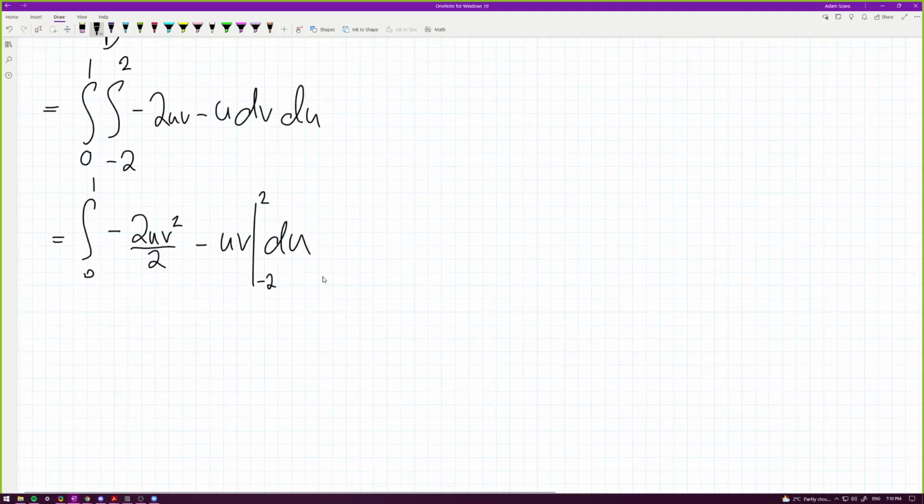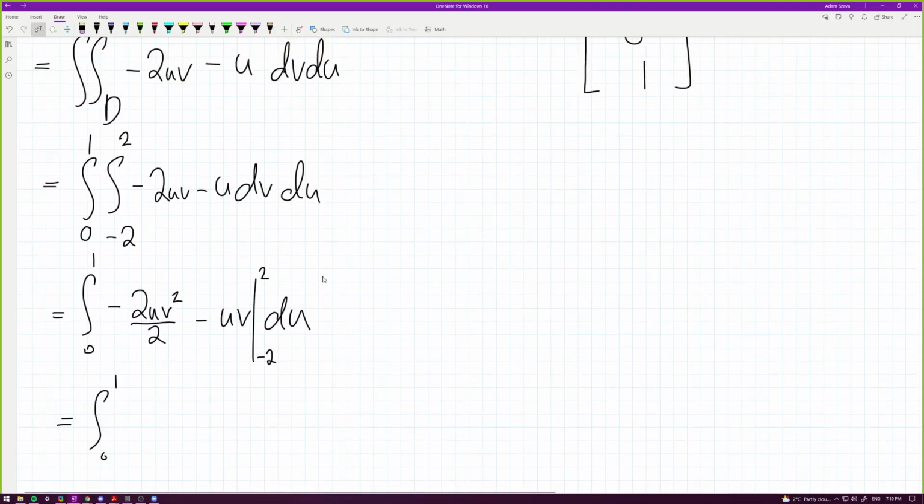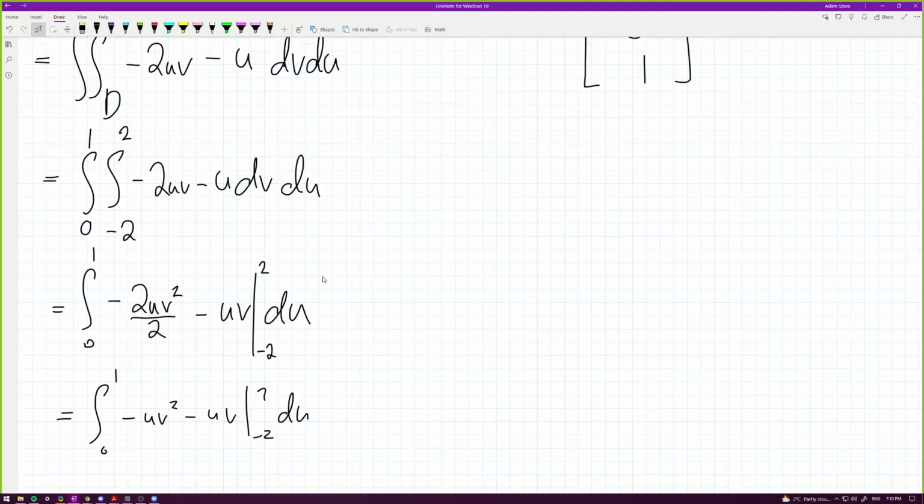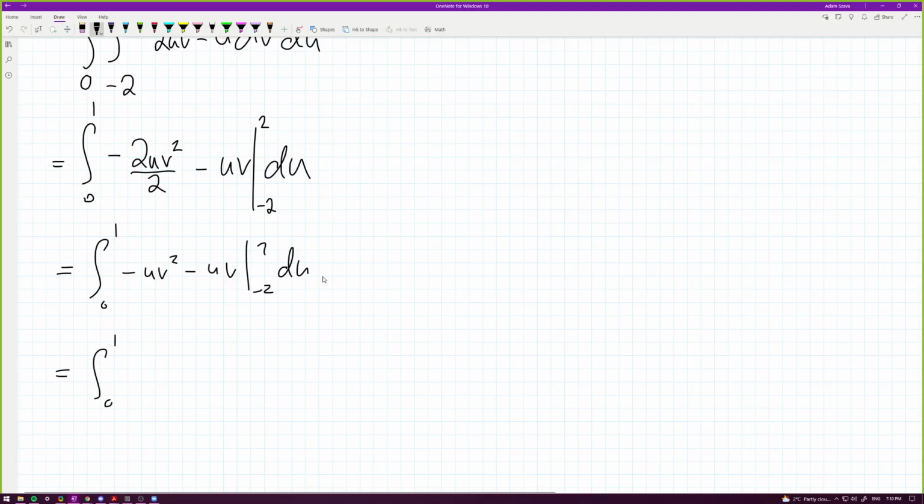Yeah, perfect. Okay, so then now I'm going to just do this. So it's going to be negative uv squared minus uv evaluated from negative 2 to 2 du. So integral 0 to 1 of, this is for v, right? V is being evaluated from these bounds. So negative u times 2 squared, minus u times 2, minus negative u times negative 2 squared, minus u times negative 2 du.